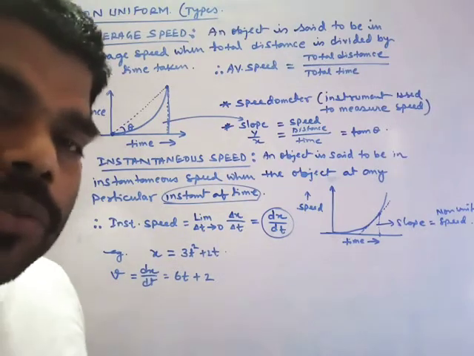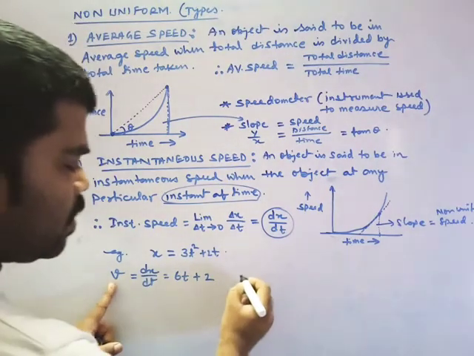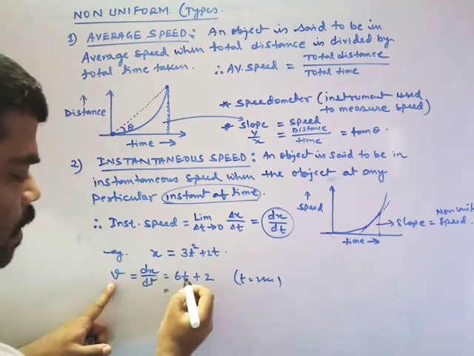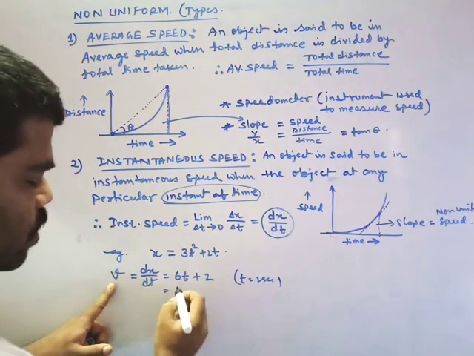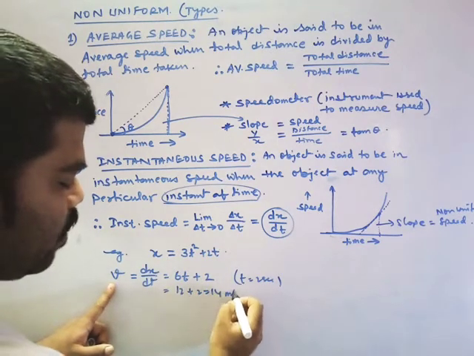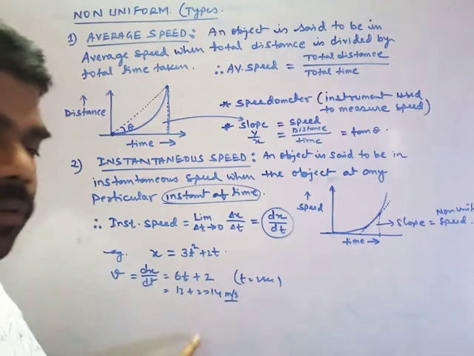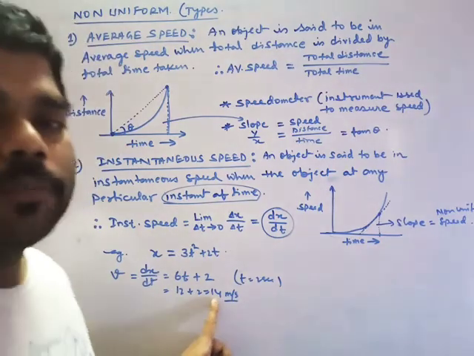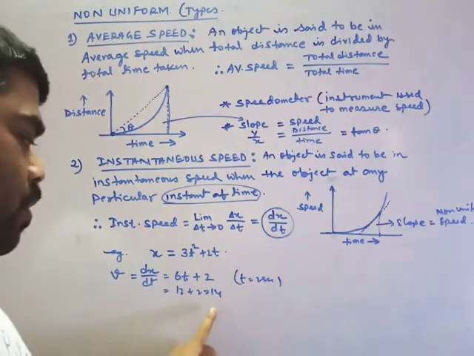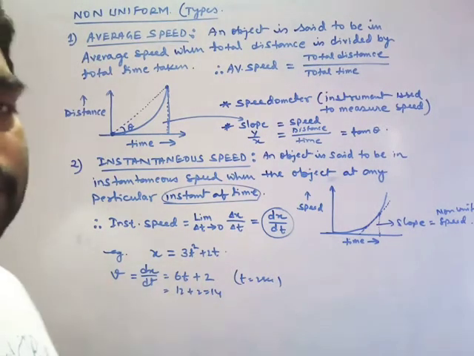But if I ask you what is your speed at time 2 seconds, then at time t you have to put 2. 6 times 2 is 12, plus 2, it is 14. So it is 14 meter per second or kilometer, whatever it is. I have written only the magnitude. So in this way we can find the speed.